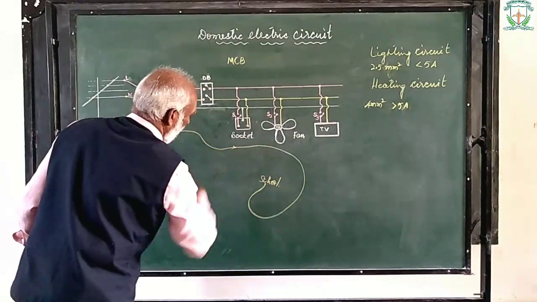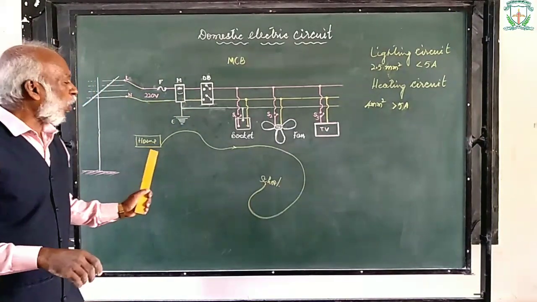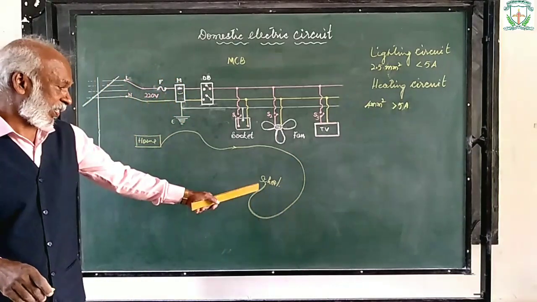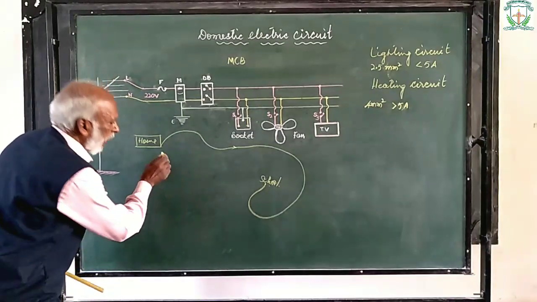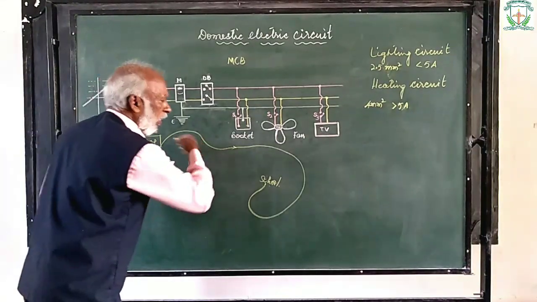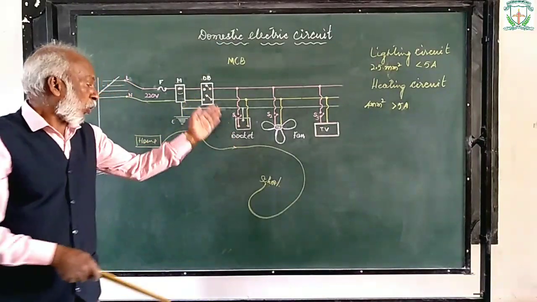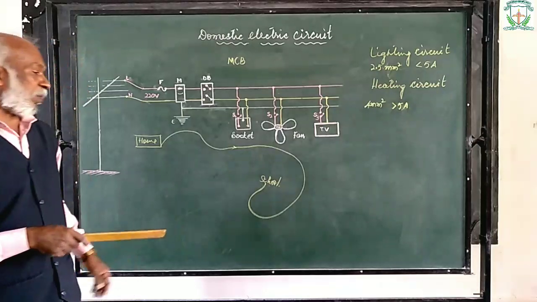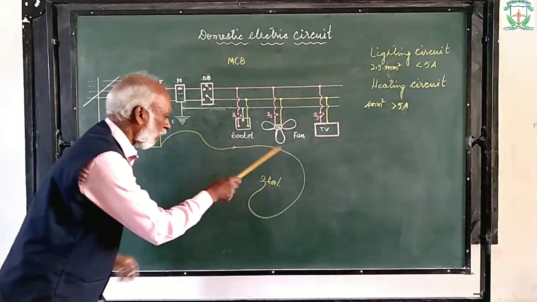This is the usual path, the road through which I have to travel and reach the school. Here I have so many troubles. Road humps are there, circles are there, sometimes traffic jam will be there. It is not that easy to reach the school through this road.